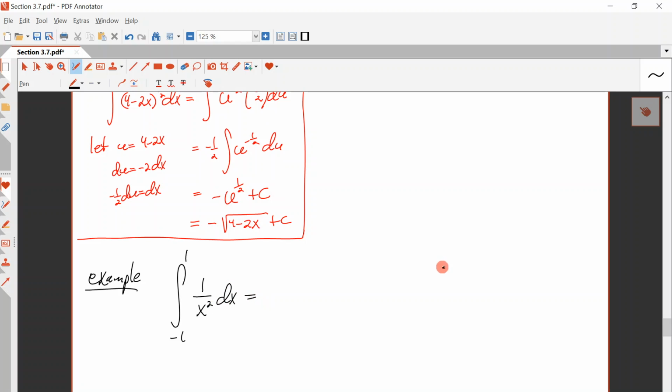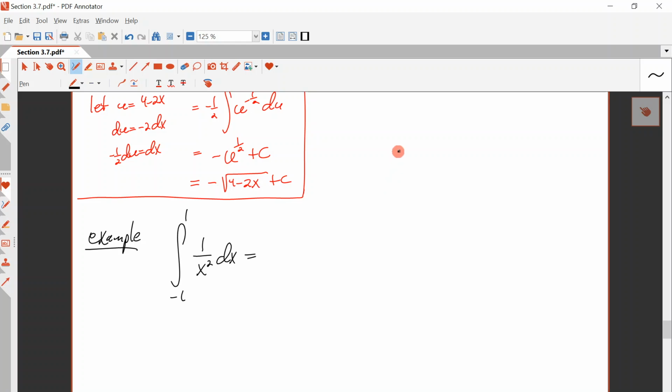This one is continuous everywhere except at x equal to 0, where you have an infinite discontinuity, and the function looks like that. Actually, I drew too much. There we are.